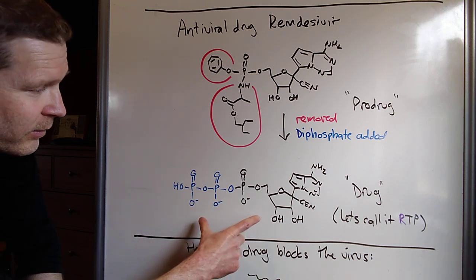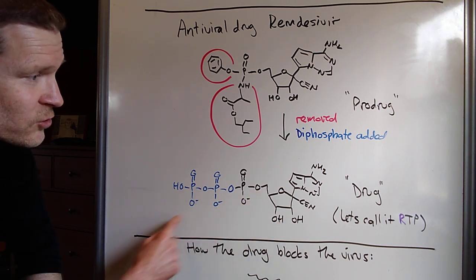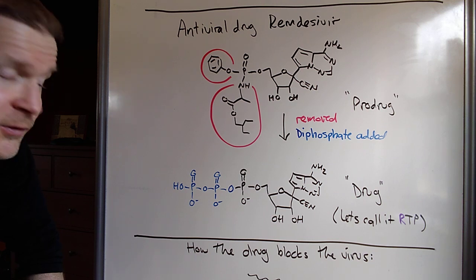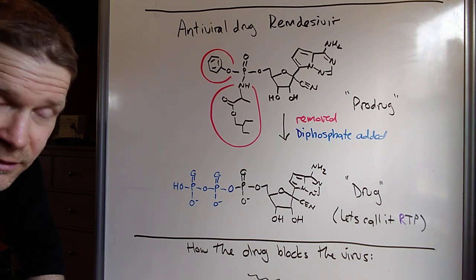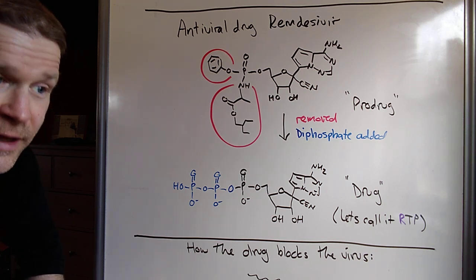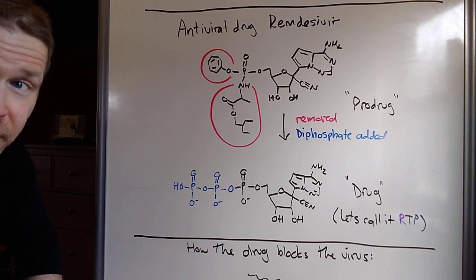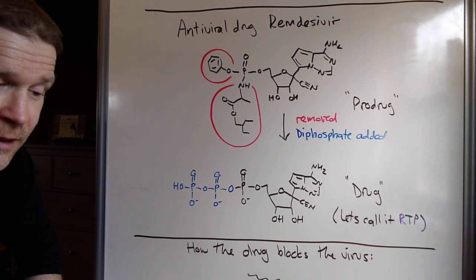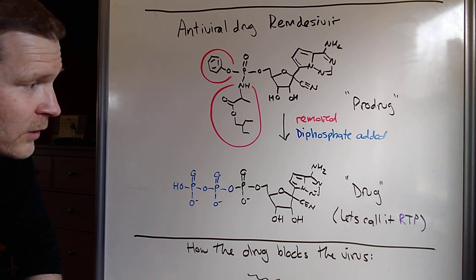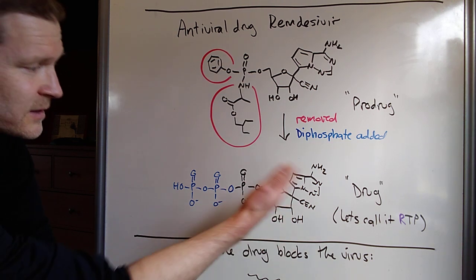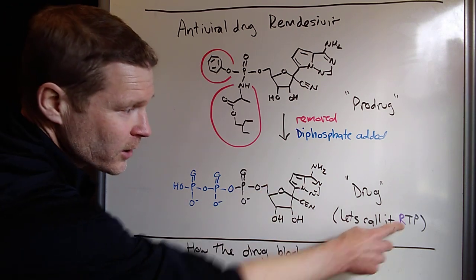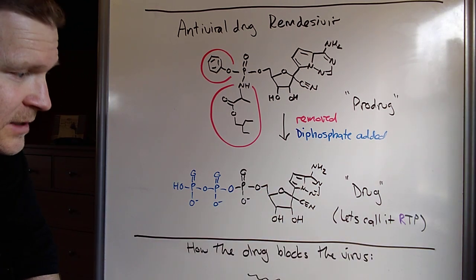So now this remdesivir triphosphate looks very much like adenosine triphosphate, which is the natural starting material for RNA polymerase, which is the enzyme that makes the viral genome. So let's call this synthetic molecule RTP as opposed to ATP.